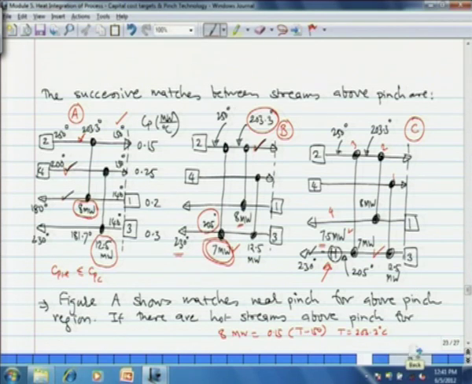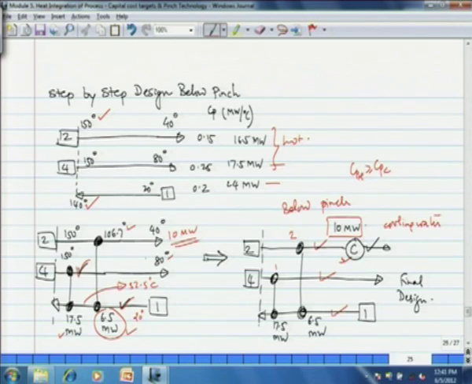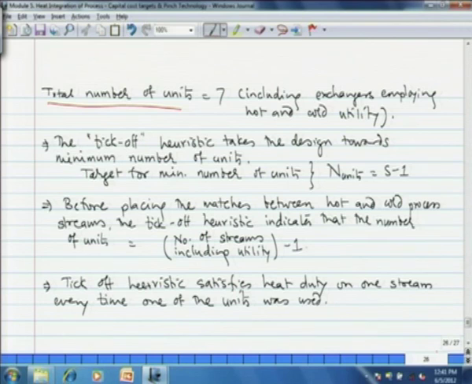For below pinch region, we had total 3 process streams plus cold utility, so 4 streams, and we ended up with 3 exchangers. So, the total number of exchangers in the entire heat exchanger network here are 7. So, the Tickoff heuristic has taken the design towards the minimum number of units as predicted from the graph theory.